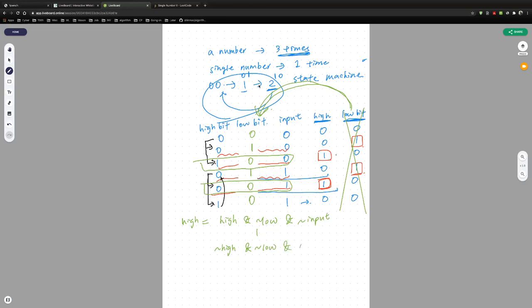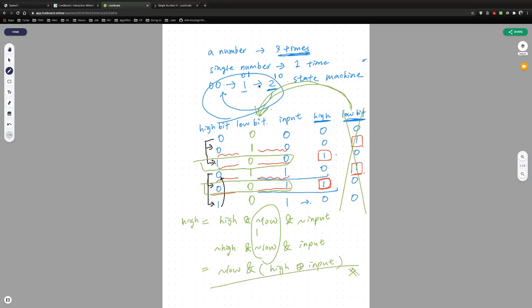Okay, so now we know how to make clear code. Take out our low bit, and again we can get high XOR input. This is our clear code.